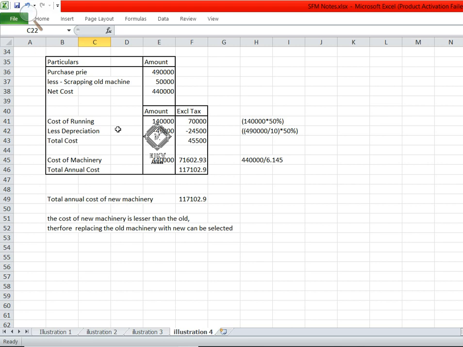Okay, after getting the running cost, we need to deduct the depreciation part. Depreciation, as given in the question, should be calculated by the straight line method.